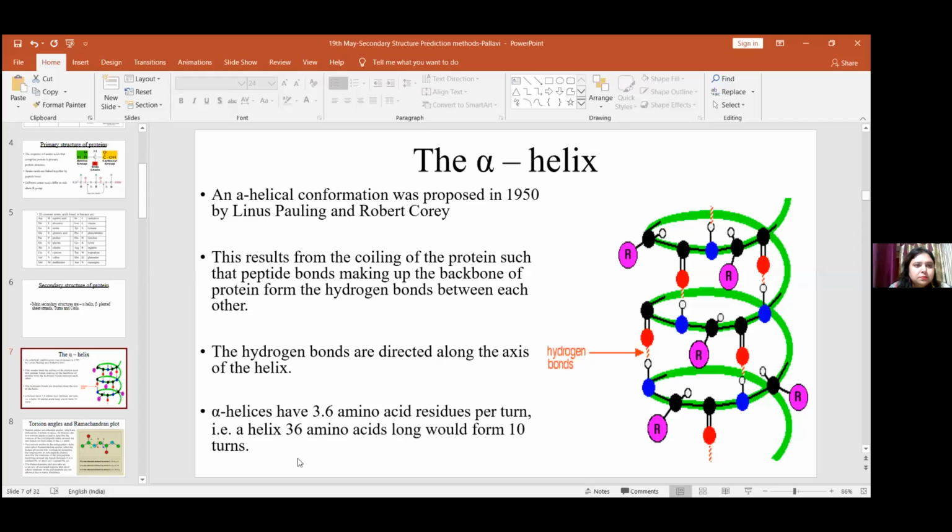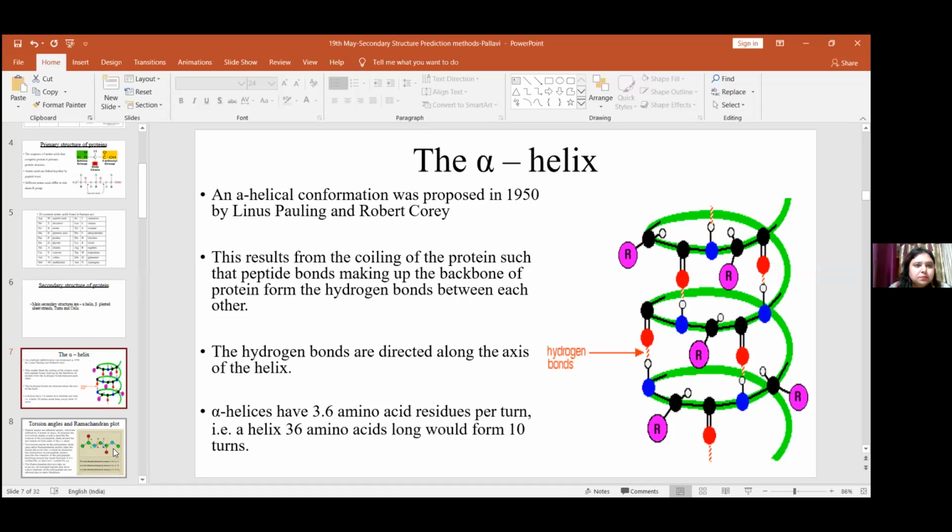And so it is said that a helix of 36 amino acids would form around 10 turns. I hope the logic is clear. Since in one turn, we are having 3.6 amino acids. So if I had 36 amino acids, how many turns? 36 by 3.6, okay? Because 3.6 are coming in one turn, so that means 10 turns will be formed in 36 amino acids.